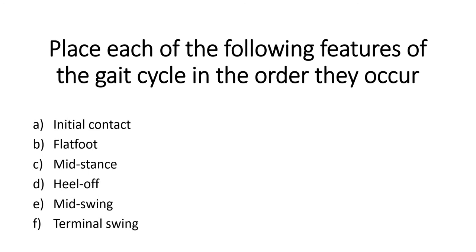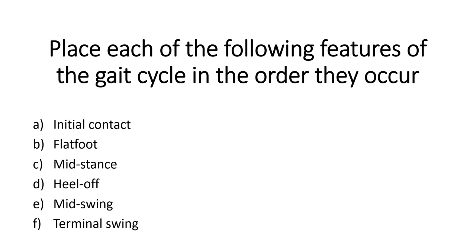Flat foot, this is where we lower the foot onto the ground if it hasn't been already. So if we heel strike, as most of us do when we walk, the foot is in a neutral position. We then go into a controlled plantar flexion to lower the foot onto the ground. That is followed by mid-stance. This isn't all the phases of the gait cycle, I should say, but these are just some.